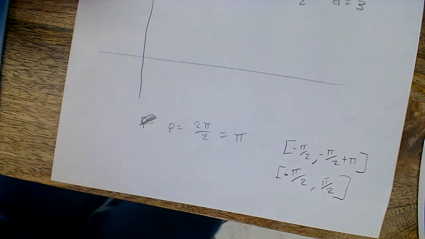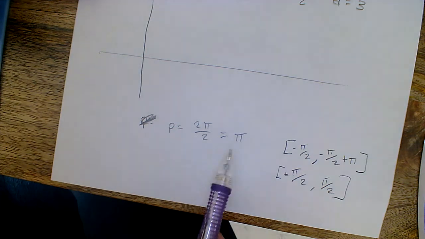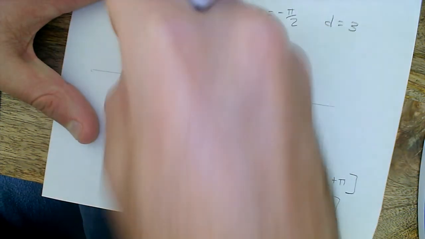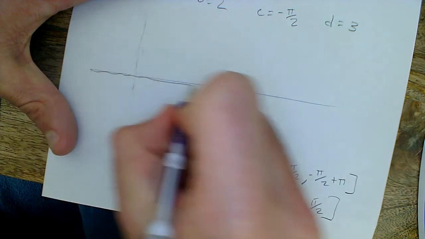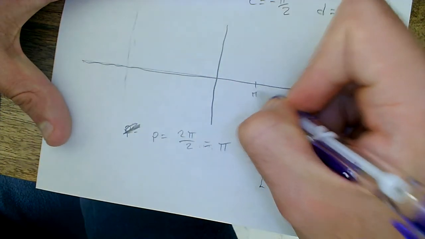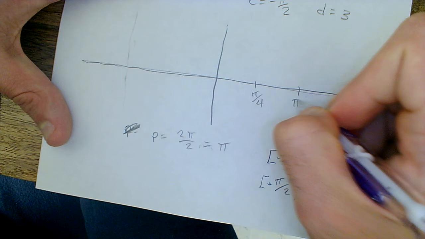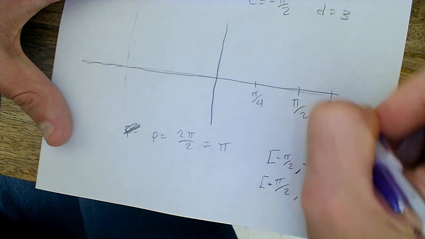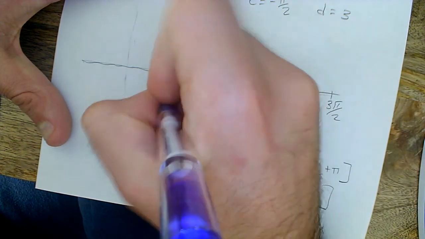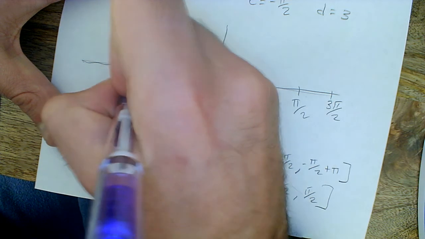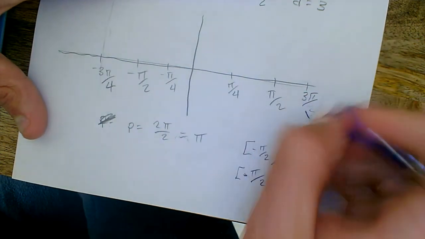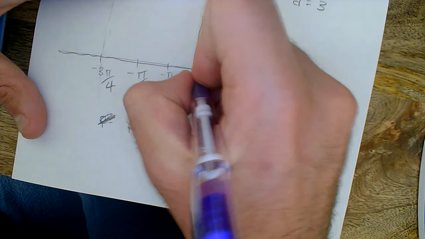Okay? And then I take the period and split it up into 4 spots. I need to center this graph a little bit better. So this should probably be right here. So if I draw pi over 4, pi over 2, 3 pi over 4, negative pi over 4, negative pi over 2, negative 3 pi over 4, and this is 0.